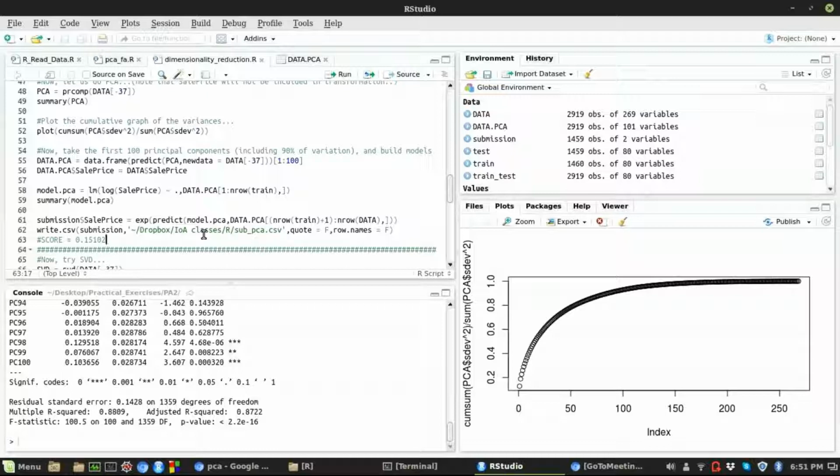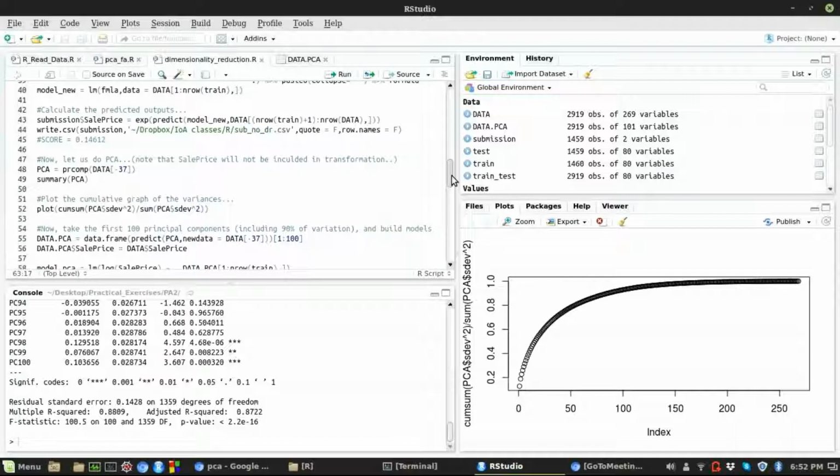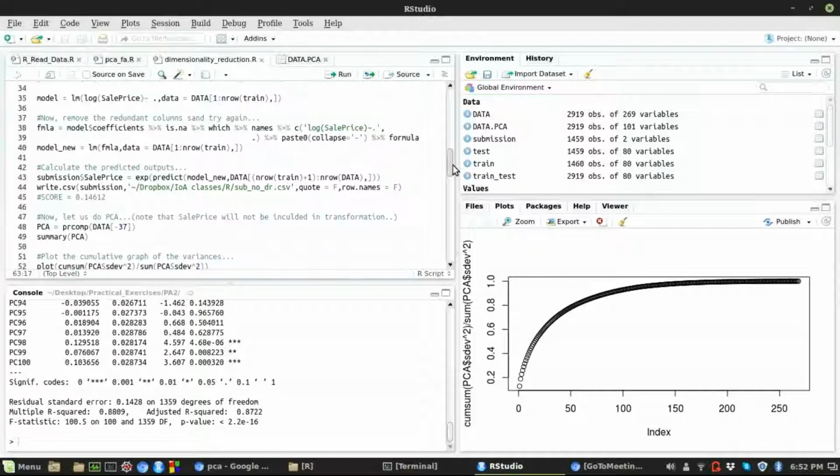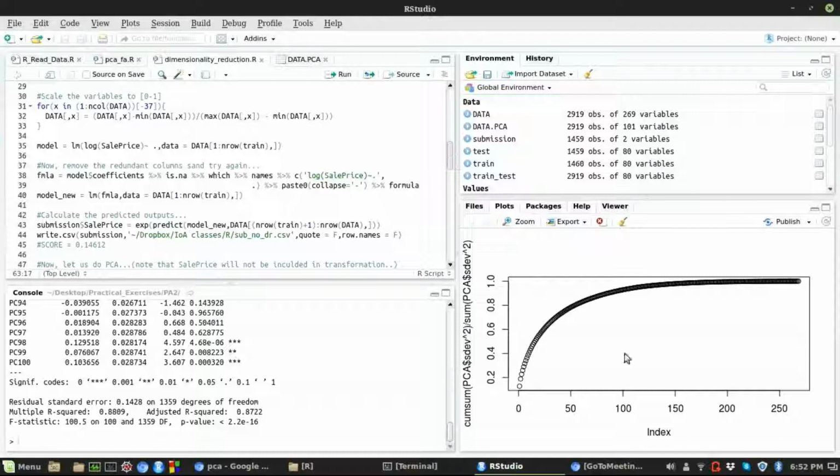Here, you can try out 150 and see whether it improves. There may be a case where it improves. If you just drop off the last 100, the last 100 are most likely not going to be useful. Just keep 150 and see what the score is. It might actually slightly improve over the original model, because the last few predictors are really useless. They are just adding error. They are not helping you in building a good model.